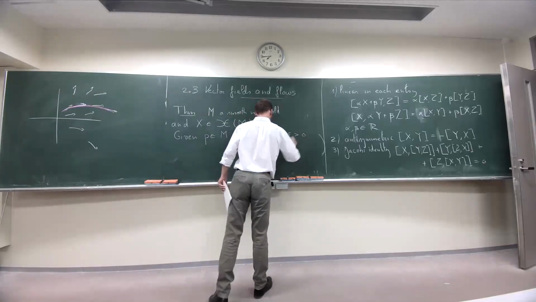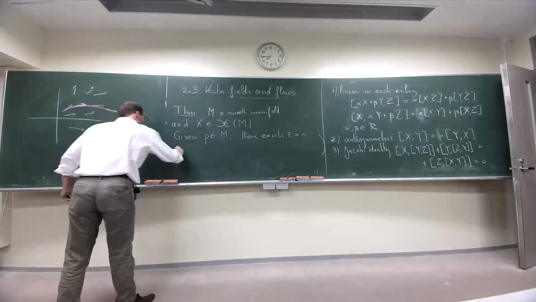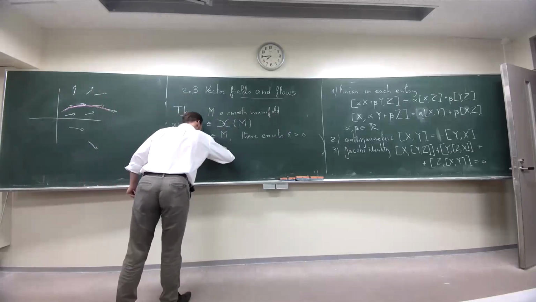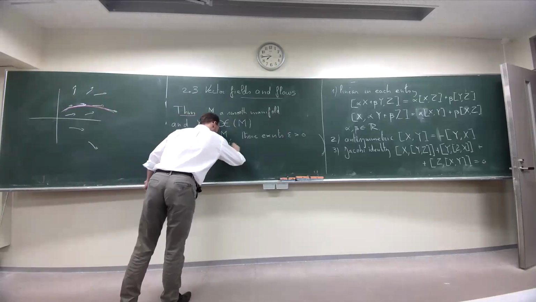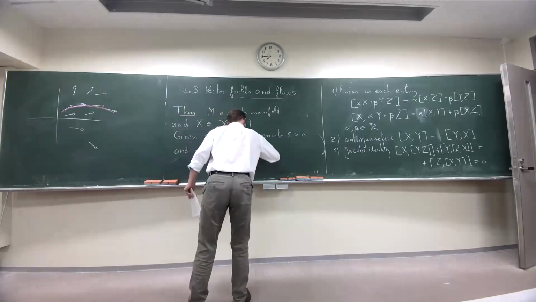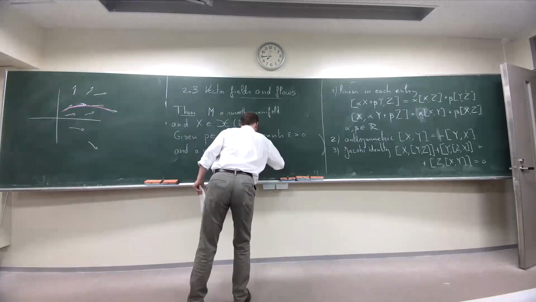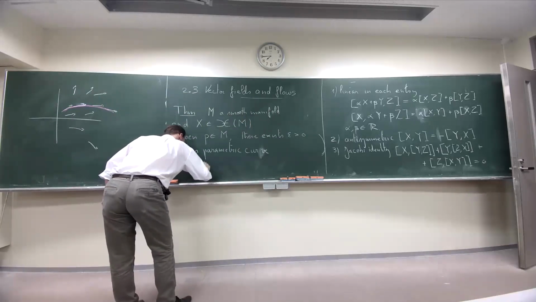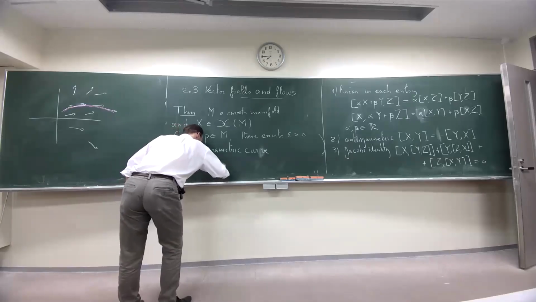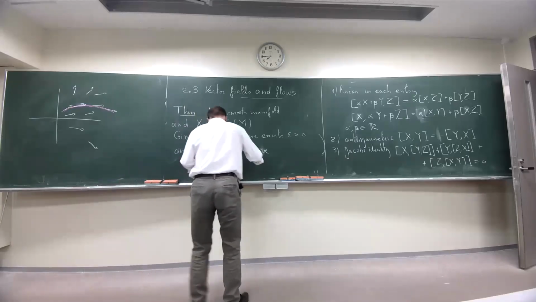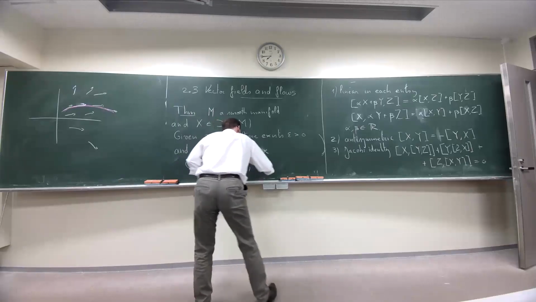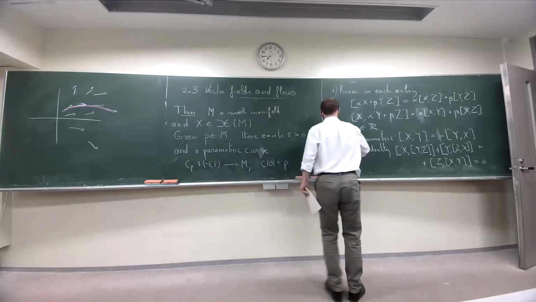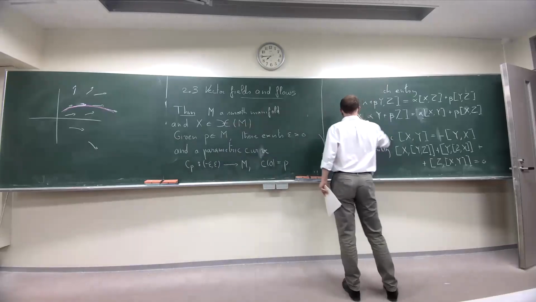there exists epsilon bigger than 0, which gives me an interval, and a parametric curve which I'm going to call c with the index p, from minus epsilon to epsilon into M, with c_p(0) equal to p. And what do you expect?